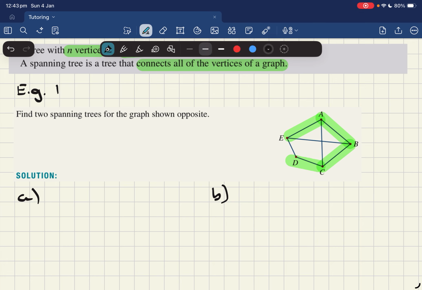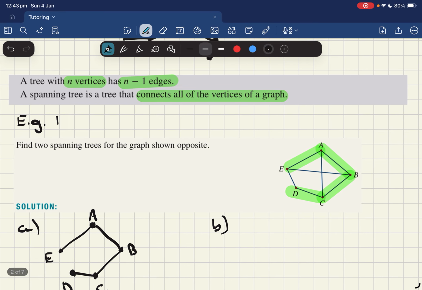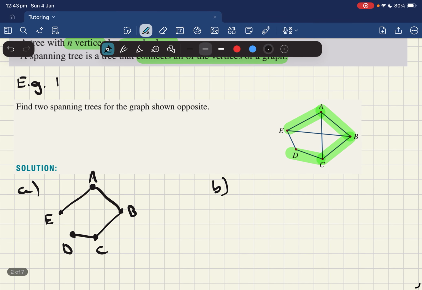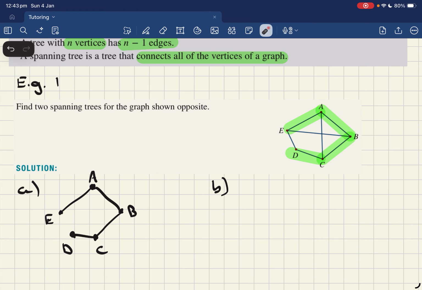I'm going to draw this underneath here. We have E, so we have a spanning tree, I should say. E connects to A, which connects to B, which connects to C, and that connects to D. Now, remember, we said that a tree with n vertices has n minus 1 edges. Let's just count this. So we have 1, 2, 3, 4, 5 vertices, and we have 1, 2, 3, 4 edges, okay?